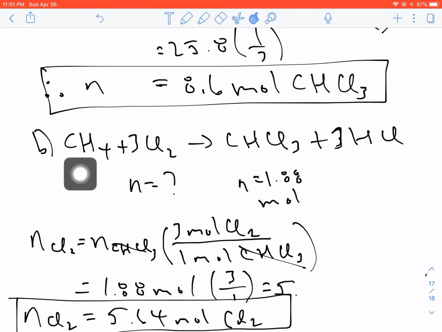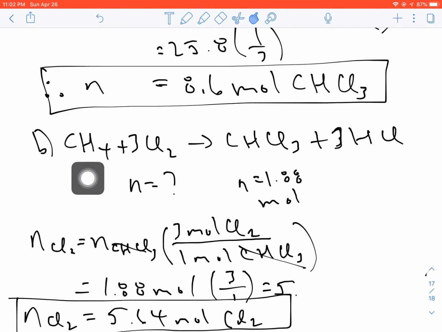We don't know anything about this one. So how can I look at the reaction if I only know about one reactant? And the answer is, if I look back at the question, it says, if 25.8 moles of chlorine react completely with sufficient methane, right? What that's telling me is I've got more than I need of this.